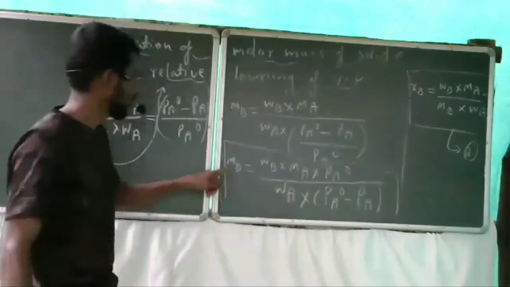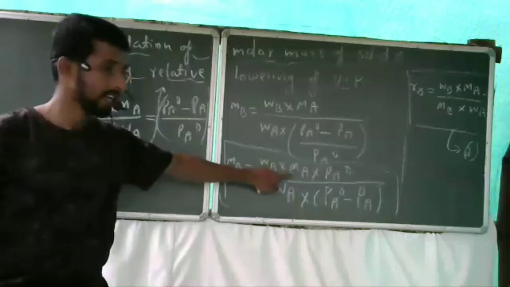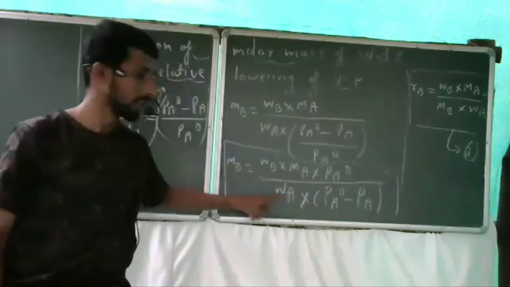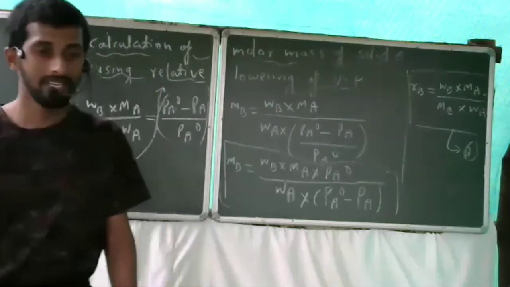Okay, Mb equal to Wb into Ma into PA naught divided by Wa into PA naught minus PA.